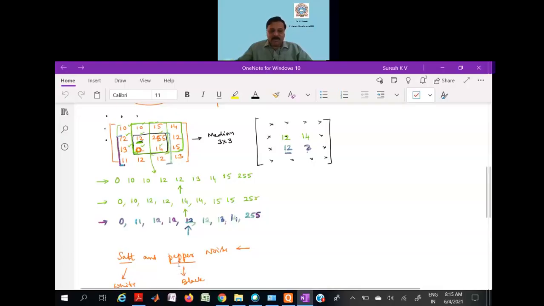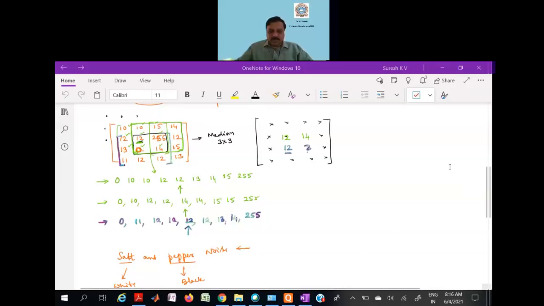Will it remove the salt noise or pepper noise? I'm not putting both of them together. Assume that I have an image with salt noise, assume that I have an image with pepper noise. Salt noise means white pixels, pepper noise means black pixels. I think somebody is answering through chat window. Pepper noise. Yeah, Sindhu is answering.